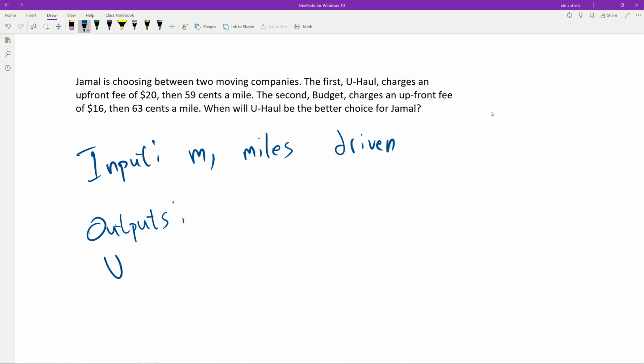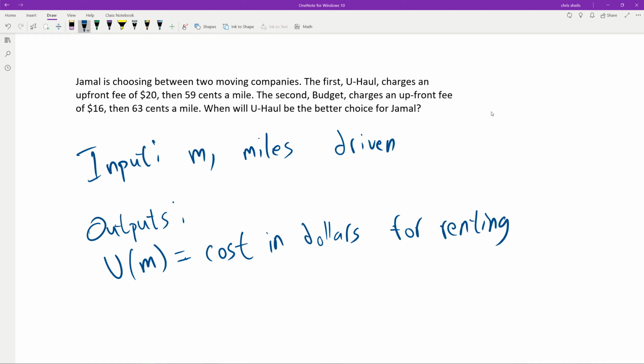I'm going to have, I'll call it U of M. This is the cost in dollars for renting from U-Haul. And B of M. This is the cost in dollars for renting from Budget.